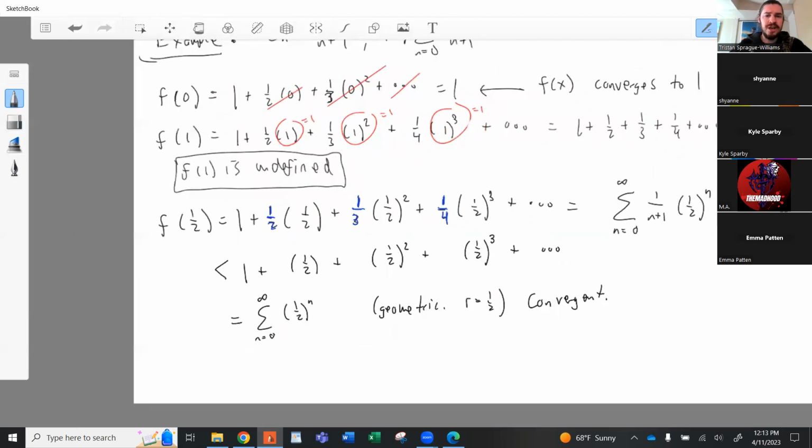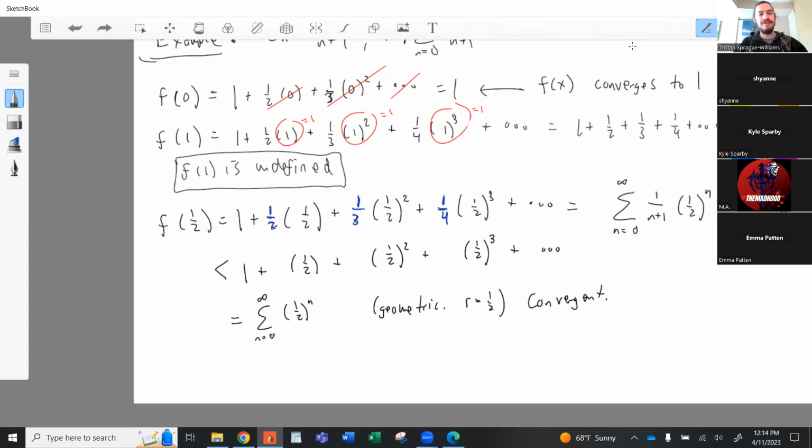So what I've actually done is taken the series we're looking at when f of 1/2, which has these coefficients in it. If I remove the coefficients, I make it bigger, and I get a convergent series. What does that tell us overall? And what test am I talking about here? Yeah, this is comparison, folks. That's right. This is comparison.